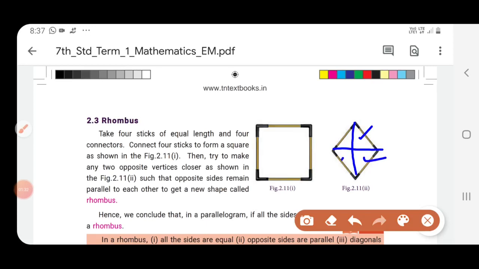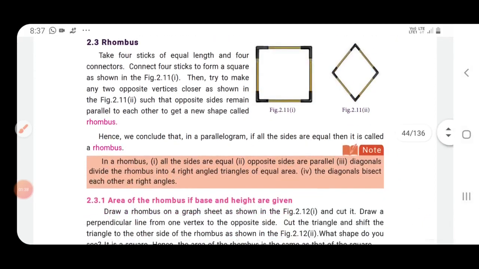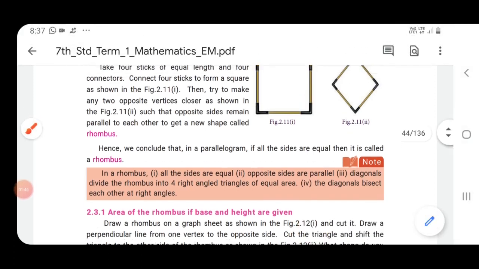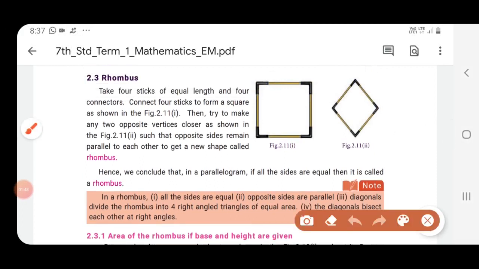This is one, this is one, this is one, so we have totally four right angle triangles. Next, the fourth property: the diagonals bisect each other at right angle. Just now I said when we draw the diagonals, they bisect each other, that is, they intersect each other at 90 degrees.